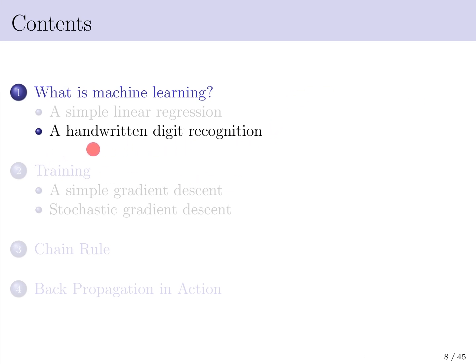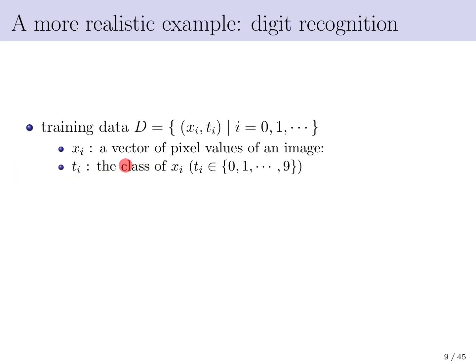So let me talk about a somewhat more realistic example, which is handwritten digit recognition. In this example, the training data is again a collection of inputs and outputs, but each input is a vector of pixel values of an image. And t_i, the output of each sample, is the class it belongs to.